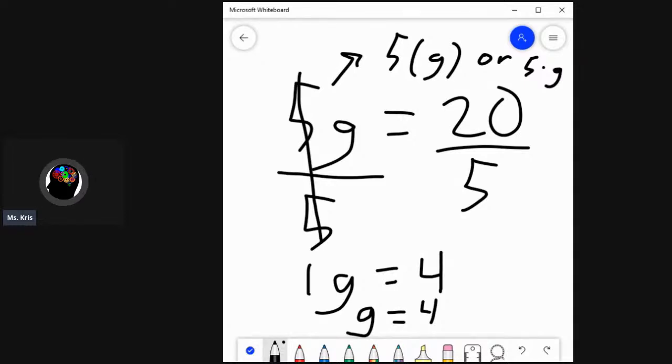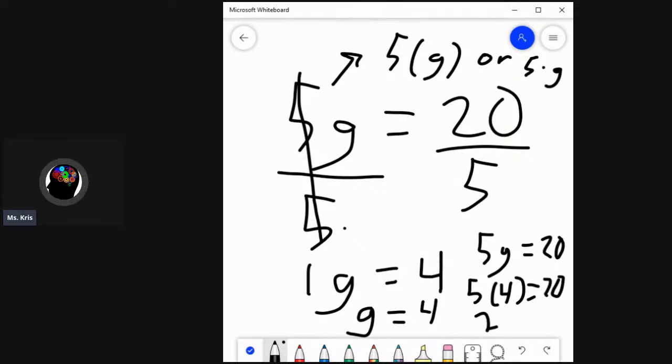Now, of course, with all of these equations, in order to check your answer, you can always go back to the original problem and say, hey, 5g equals 20. And then, since we know that g equals 4, 5 times 4 equals 20.